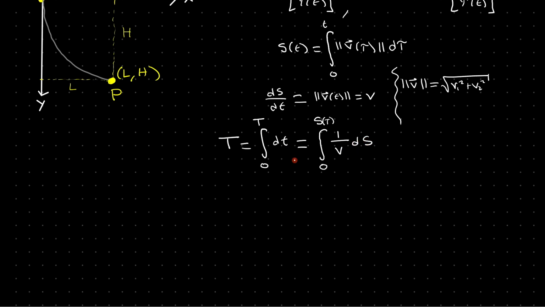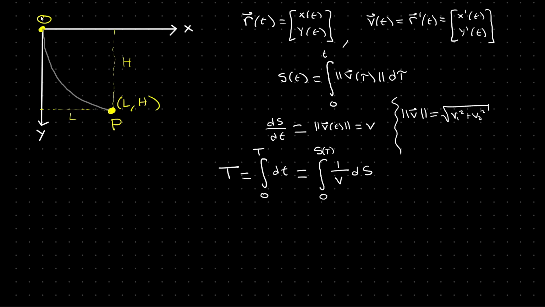So this is the first step that we need to figure out what the total time is given the input curve. This is the whole idea of what we're trying to do. This integral is achieved via a u substitution, or better yet, an s substitution here.